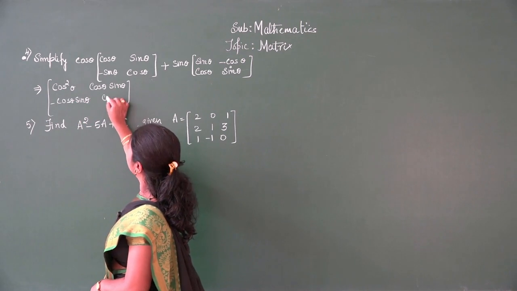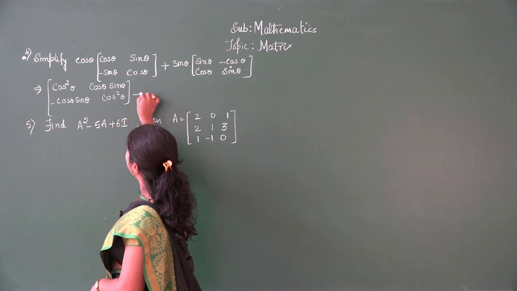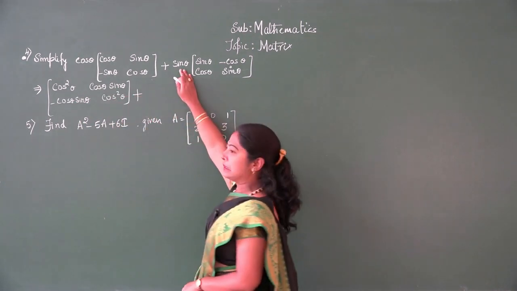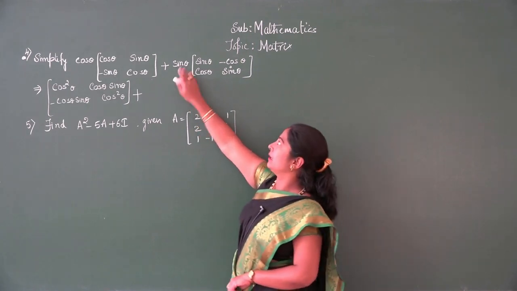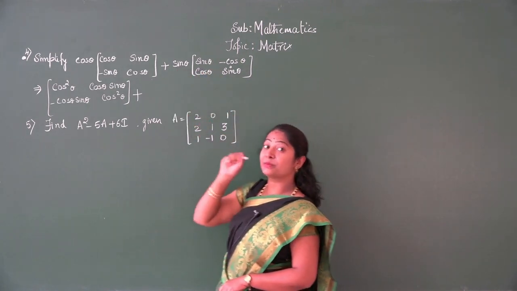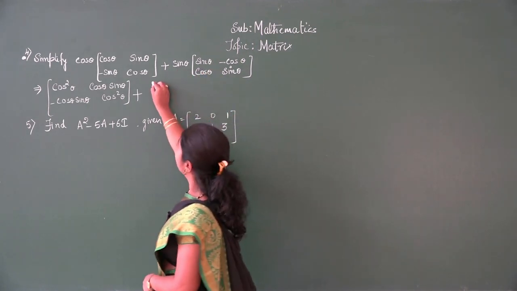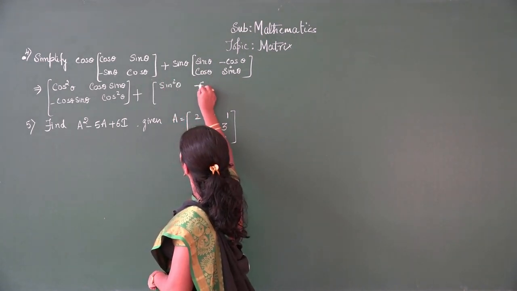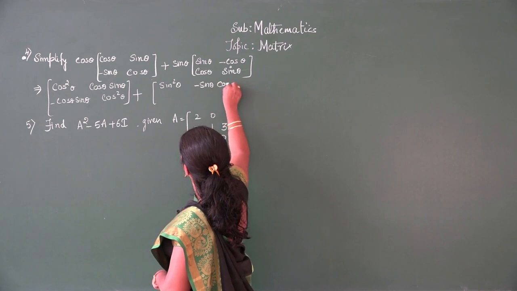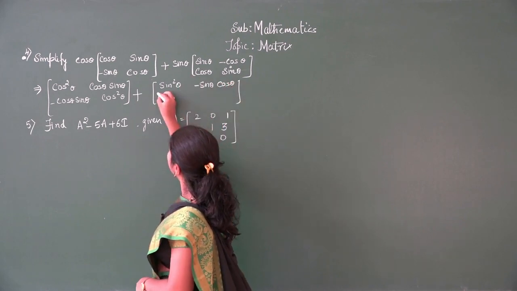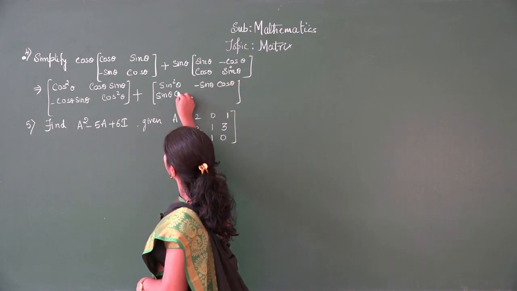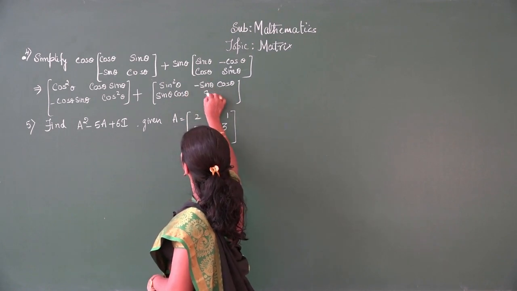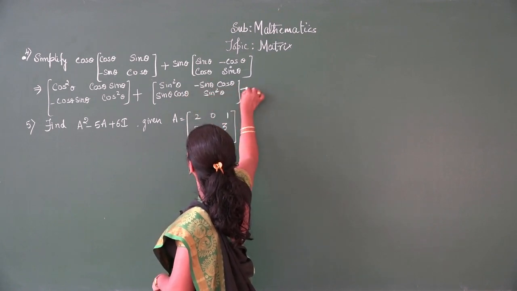Cos theta into cos theta is cos square theta. Plus, multiplying the scalar sin theta with the second matrix gives sin square theta, minus sin theta cos theta, sin theta cos theta and sin square theta.